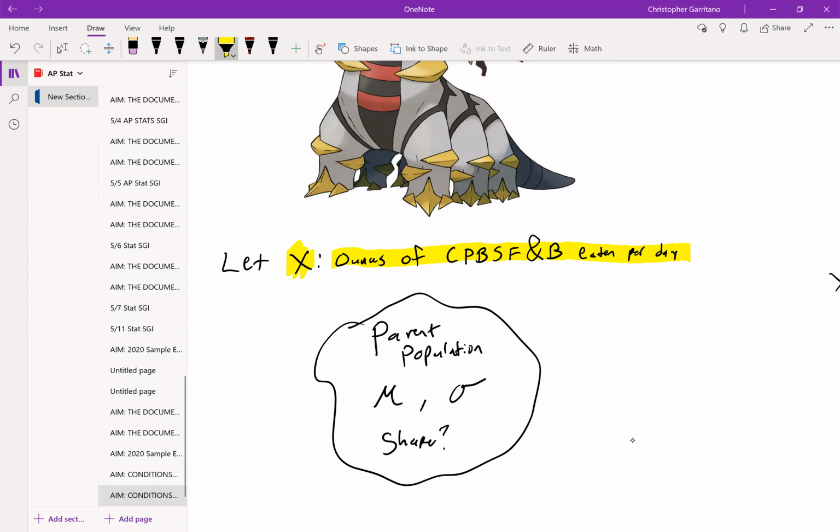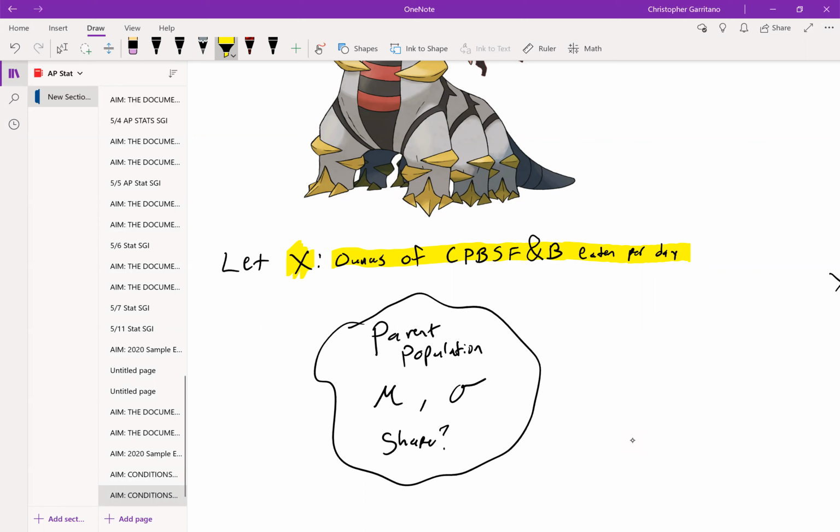So the parent population, let's say the entire Bronx Science community, that's our parent population. That entire community has some average amount of ounces per day, and there's some standard deviation of ounces per day.